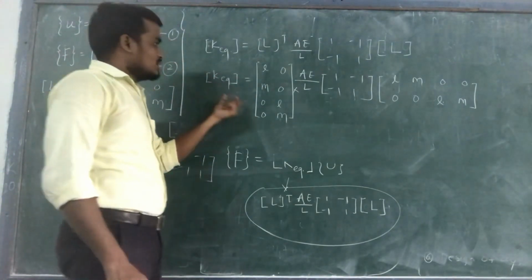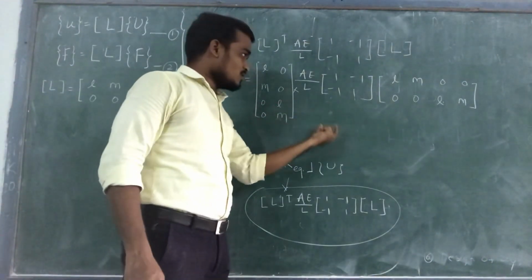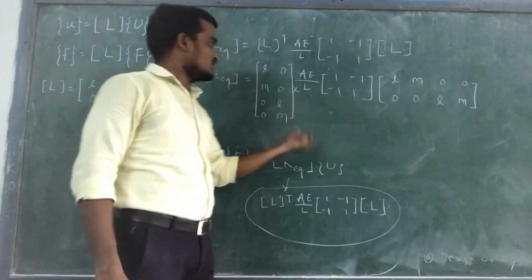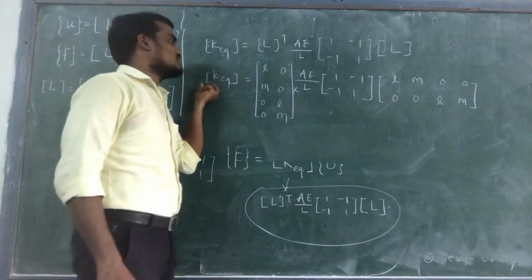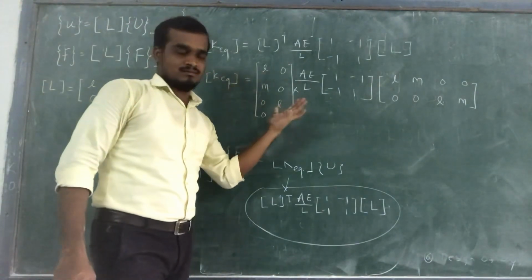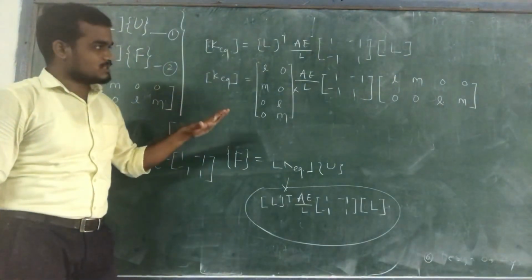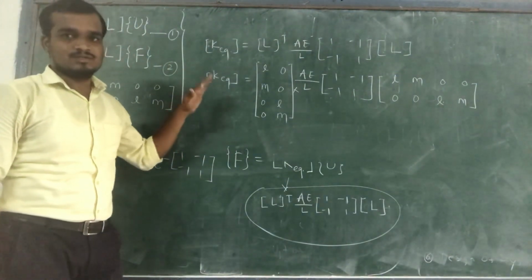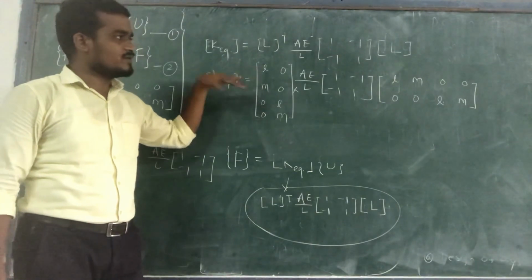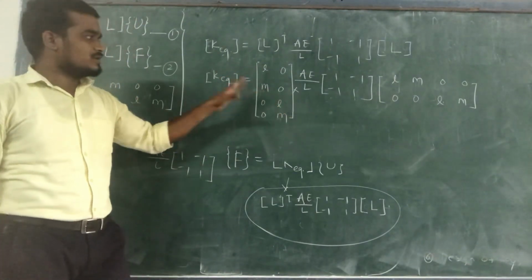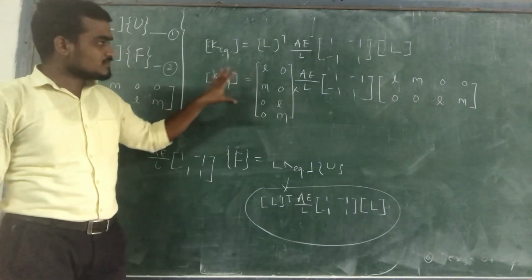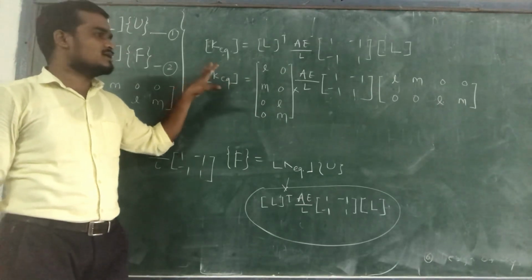By solving this, or by multiplication, you will get the final element stiffness matrix for your truss element. Up to this is clear. This multiplication part we will do in the next lecture, where we will do the multiplications and get the element stiffness matrix for the truss element.